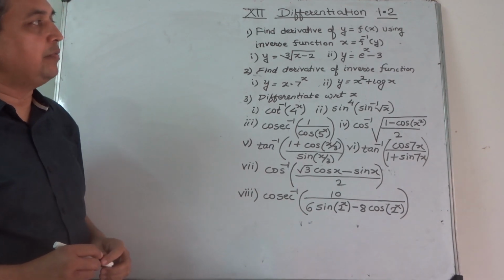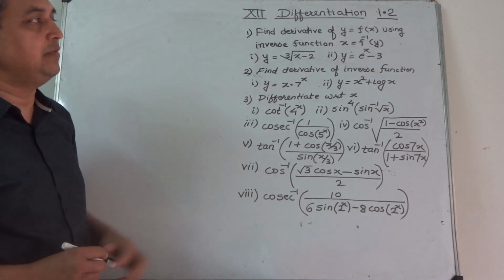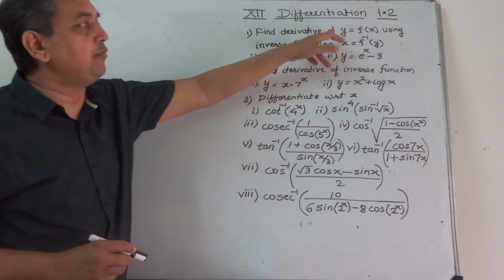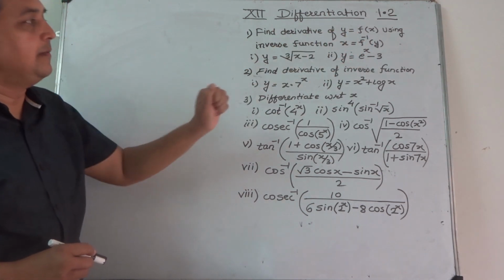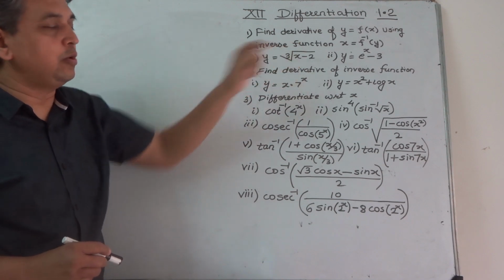Find the derivative of y equal to f(x) using the inverse function x equal to f inverse of y. So this is y given in the form of cube root of x minus 2.